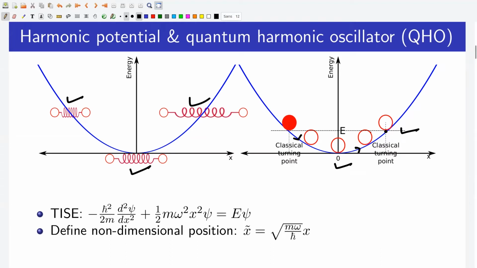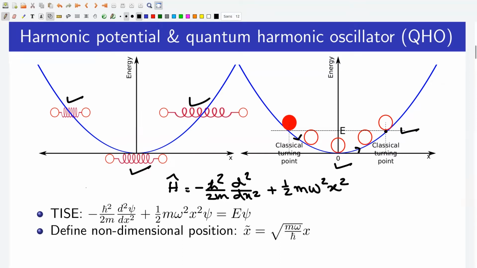Now, let us see how we solve this problem in the quantum mechanical way. First, let us write down the Hamiltonian or total energy operator. H is given by the kinetic energy operator, minus h cross square by 2m d2/dx square, and then the potential energy operator, which is half m omega square x square.